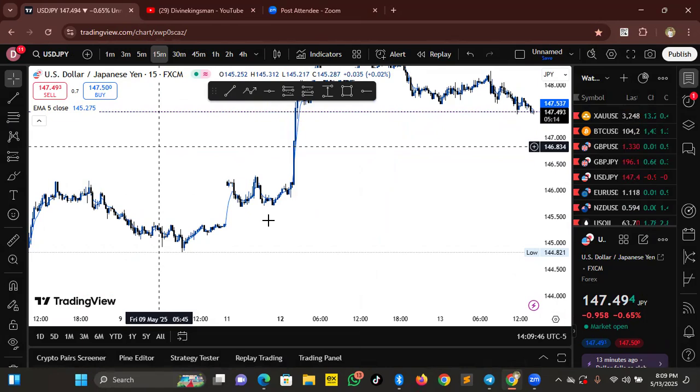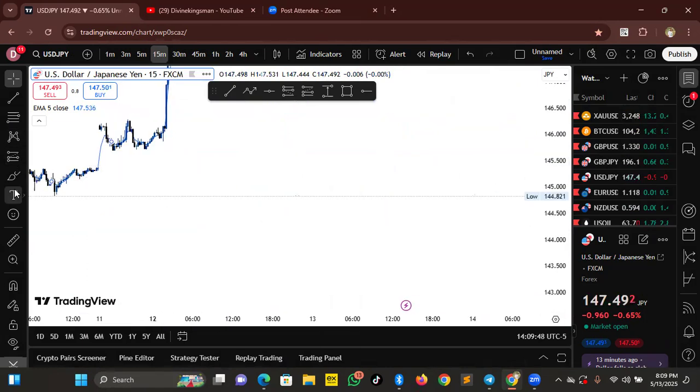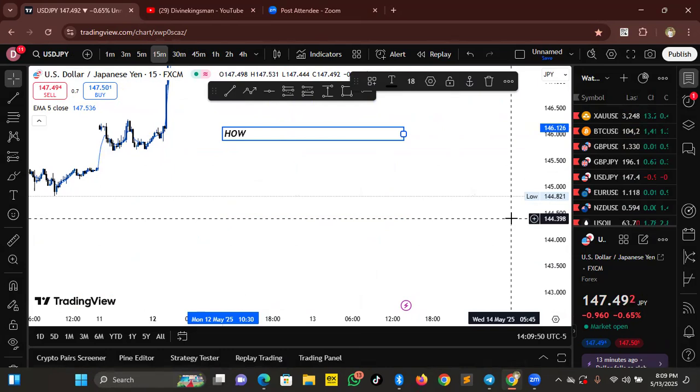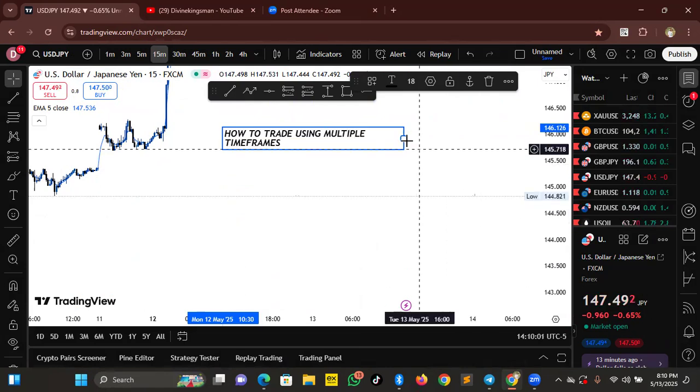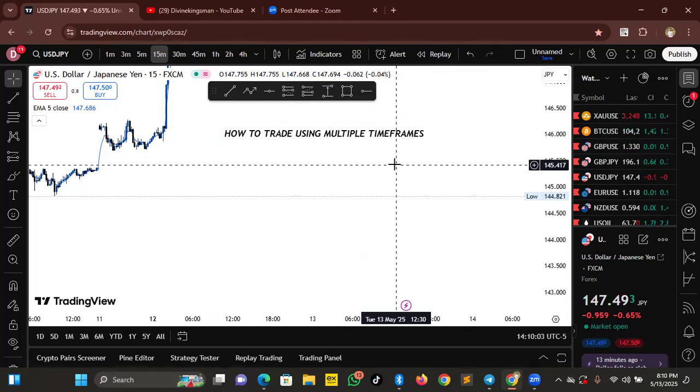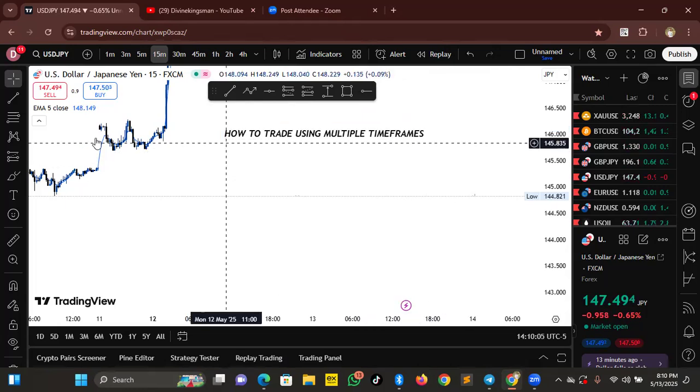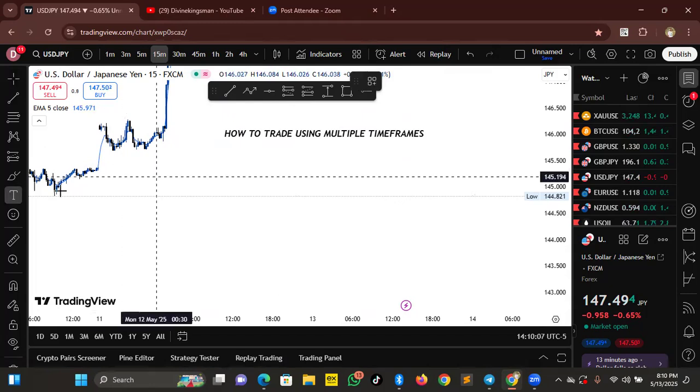Before I talk about that, let me say how to trade using multiple time frames. You hear people say something like top-down analysis, anyhow you choose to call it. I'm going to say it's divided into three.